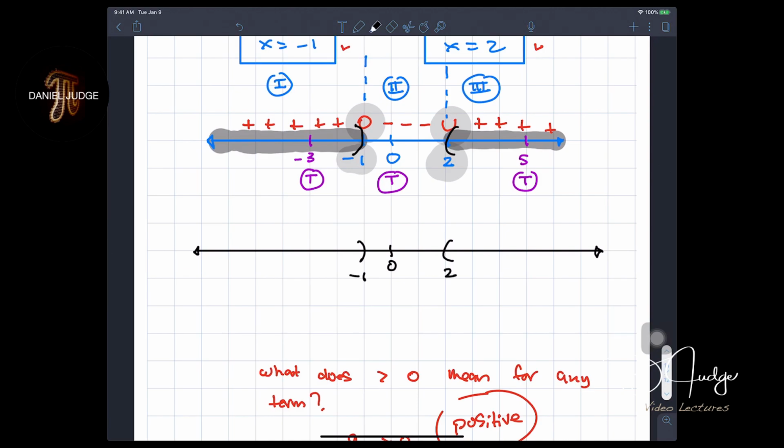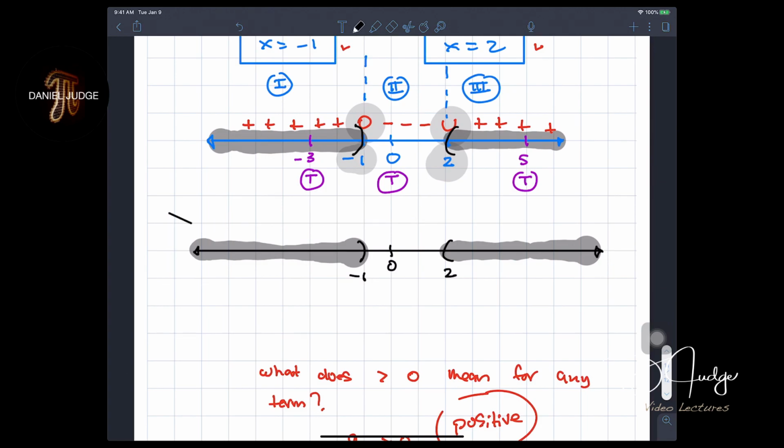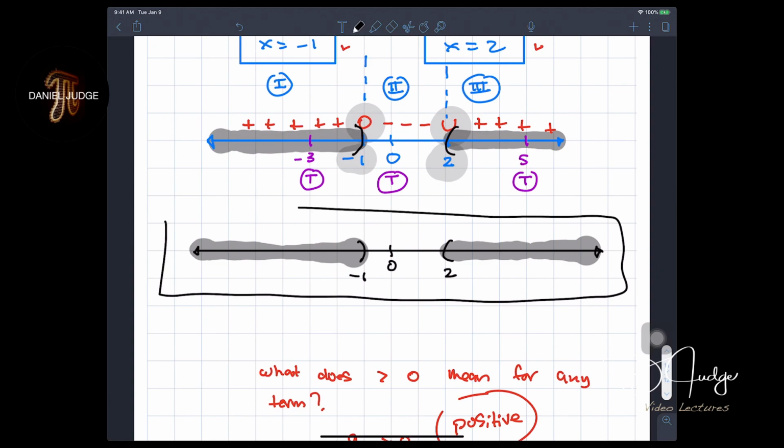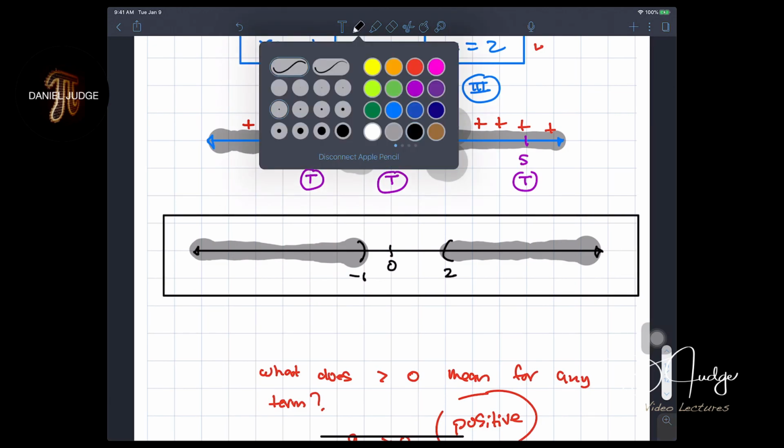Here's -1. And ladies and gentlemen, everything to the right of 2 and everything smaller than -1. That's the solution, very clearly, very nicely. But as you guys can see, there we go. Here's our solution. All the work is right up here.